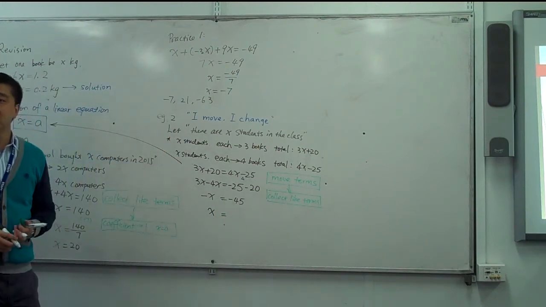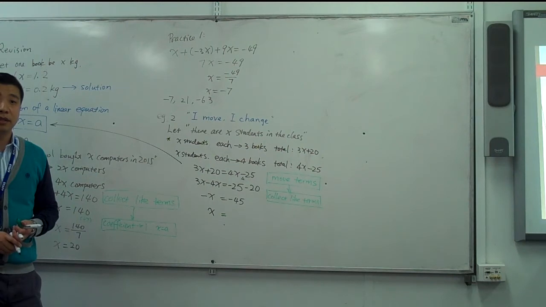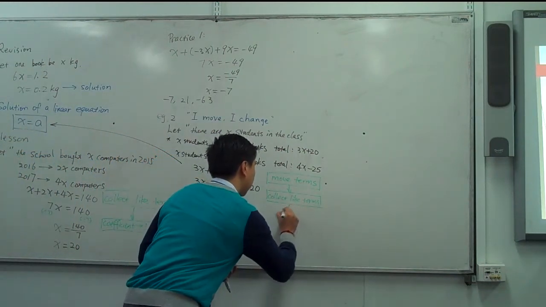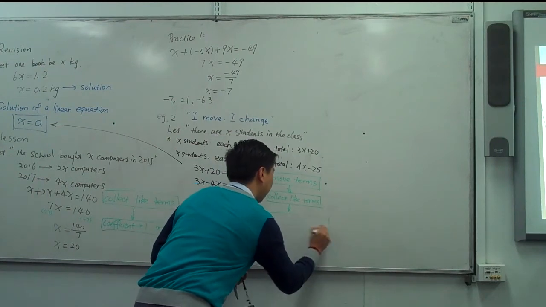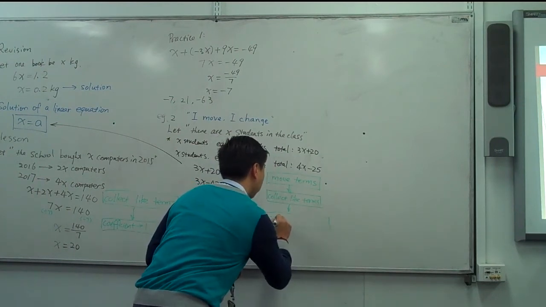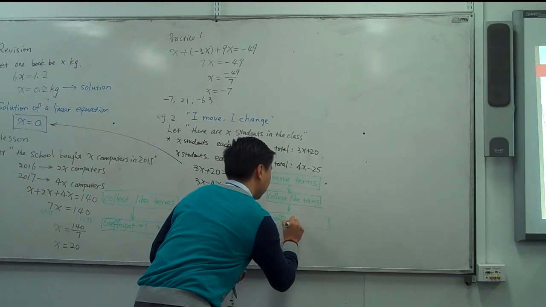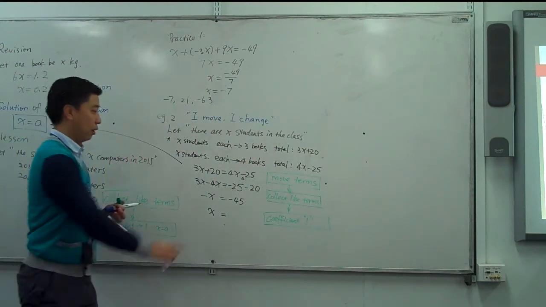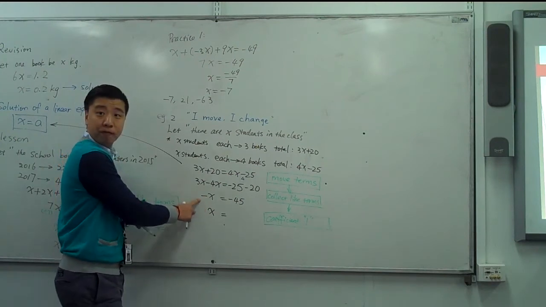What is the coefficient of this term? Minus 1. Very good. Negative 1. So the next step is we need to make the coefficient 1. What do I do to make that 1?